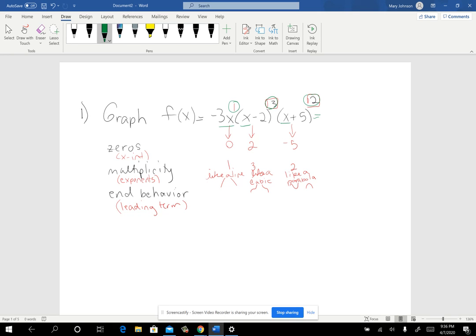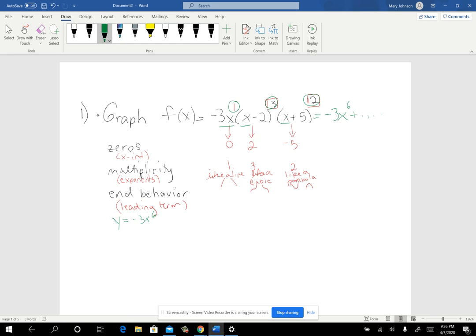Only don't really do it. You just need the leading term. Well, you'd have a negative 3x to the 6th power, and then you'd have a whole bunch of other stuff. So since the leading term is negative 3x to the 6th, the end behavior of this polynomial is going to be just like y equals negative 3x to the 6th.